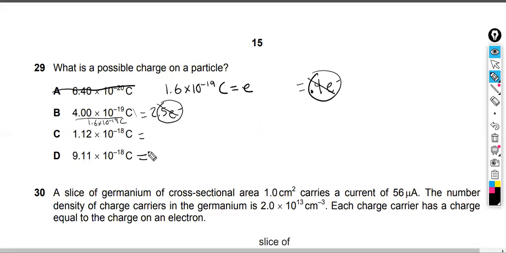I'm going to skip choice C because it's the correct answer, because I want to disprove D. 9.11 by 10 to the negative 18 divided by 1.6 by 10 to the negative 19 is 56.93.